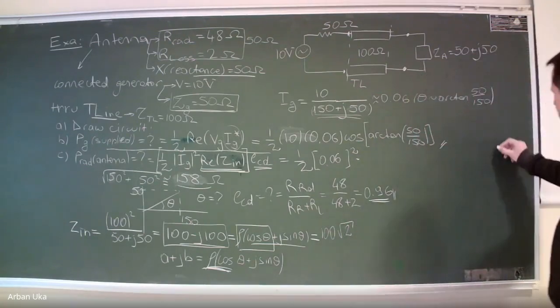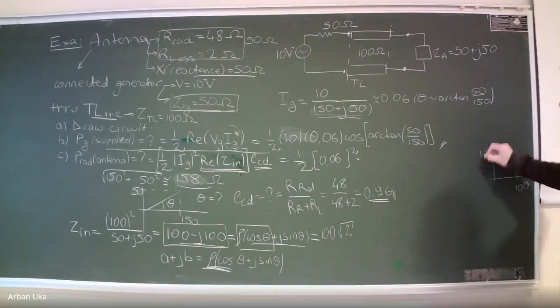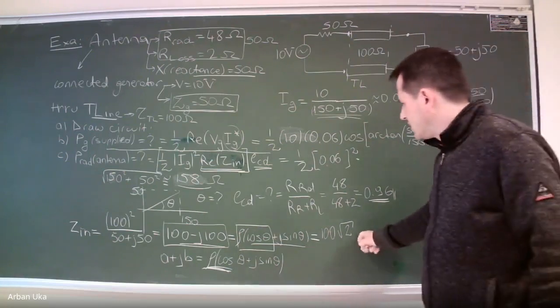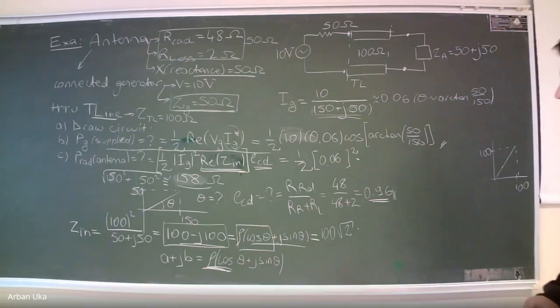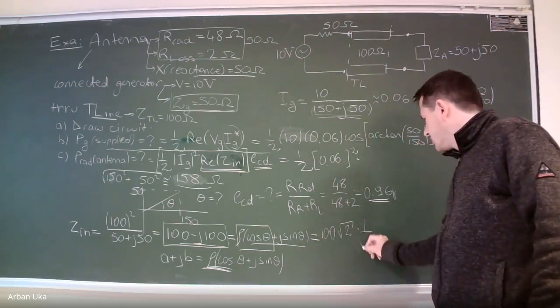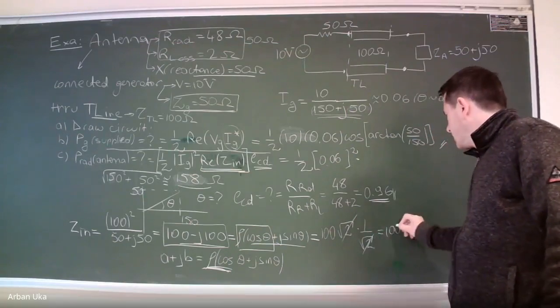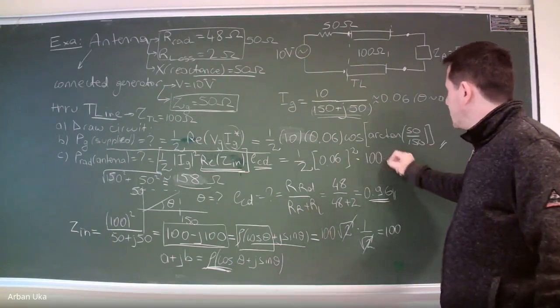This is the magnitude of a complex number that has a minus, but the magnitude is going to be the same. So this amplitude here is going to be this one, but if we multiply with the cosine of 45, that's the angle that we have here, the cosine of 45 is 1 over the square root of 2. And this would be simply equal to 100. So here we just multiply by 100.